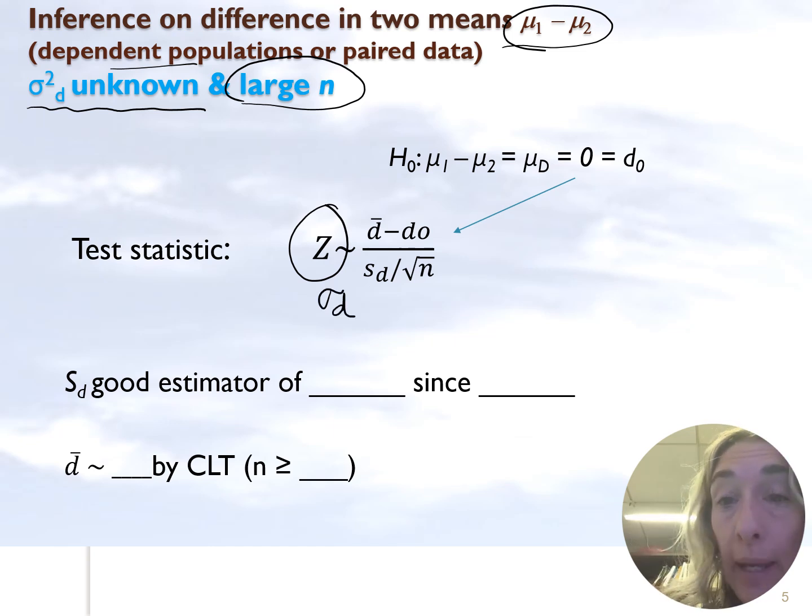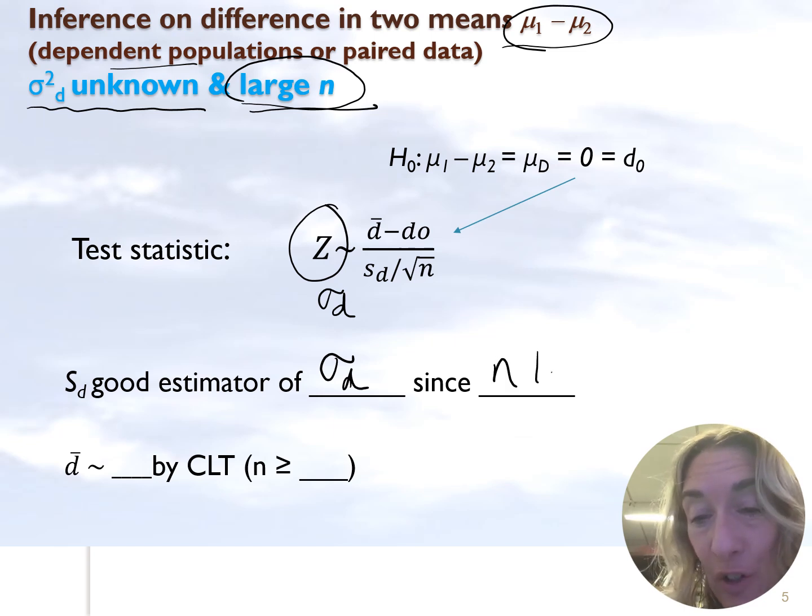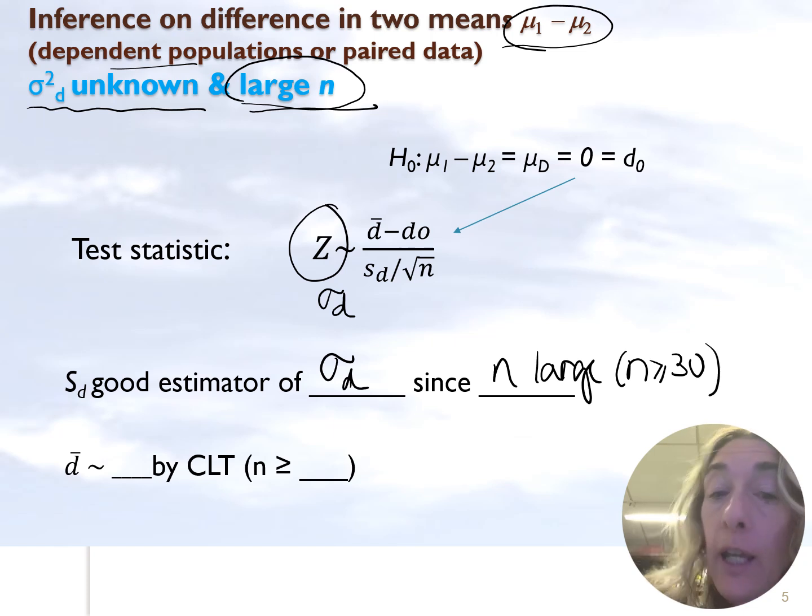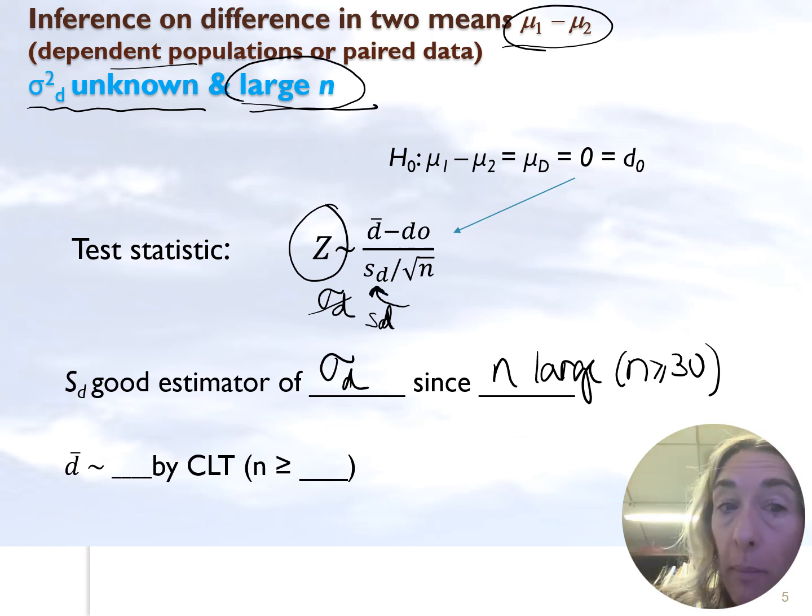However, when N is large, S sub D, the sample standard deviation of the differences, becomes a good estimator of sigma sub D, the population value, since we have a large sample. In which case we can replace that sigma value in the denominator by the S sub D value, and that's why you see that shown there in the denominator for the case of a large N.